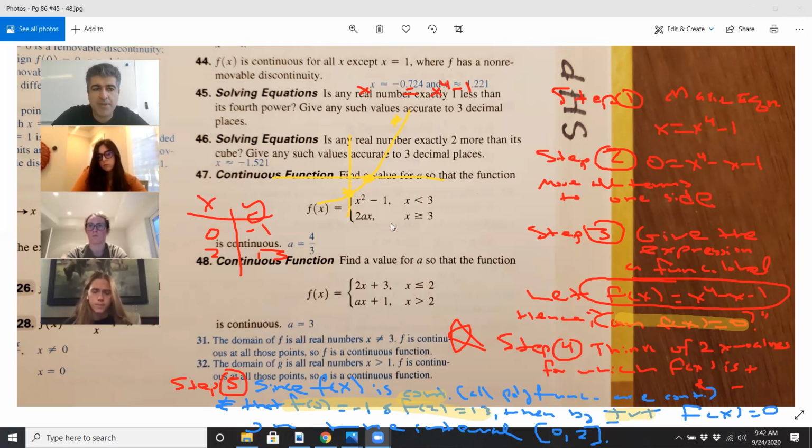Just plug in 0, because it's either going to be positive or negative, right? See what happens. And then maybe plug in another number bigger or lower, and you'll find it. Use a calculator if you need to. It's not a big deal. You shouldn't let that hold you back.